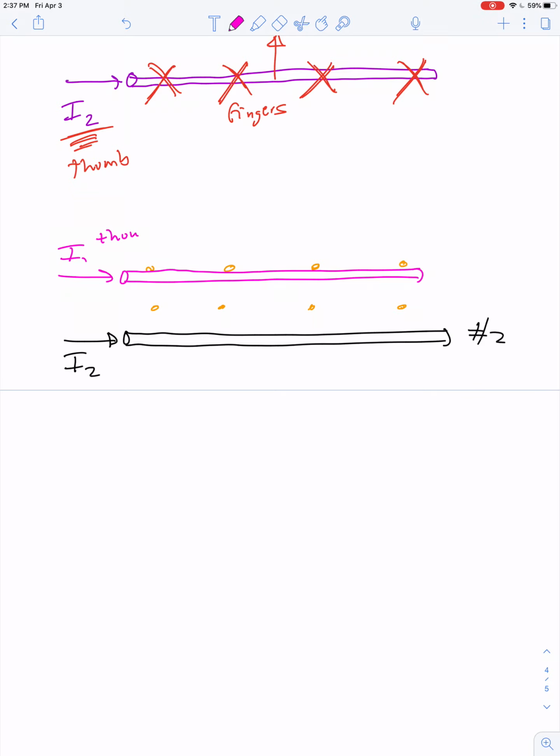So we point our thumb in the direction of the current in wire number 1, and then we take our fingers of our right hand and point them out of the page as indicated by these dots. And so I think you'd agree that your palm is facing this way, and it says that wire number 1 is attracted to wire number 2. So when it comes to parallel wires, currents in the same direction attract.